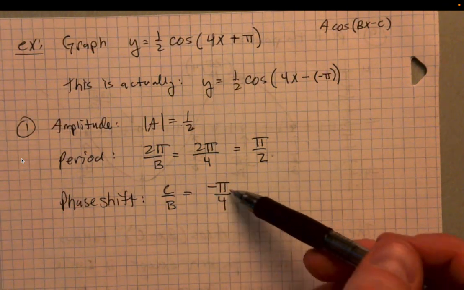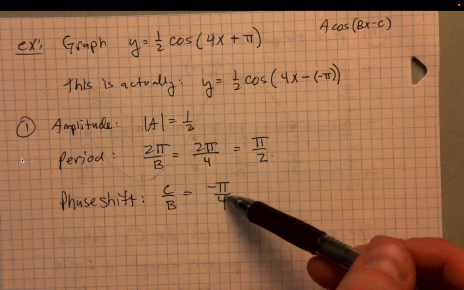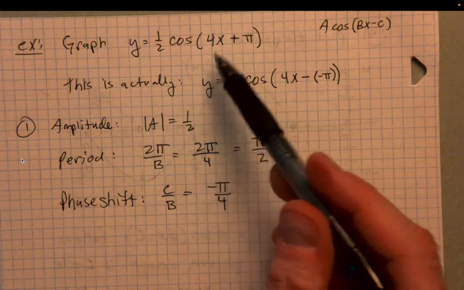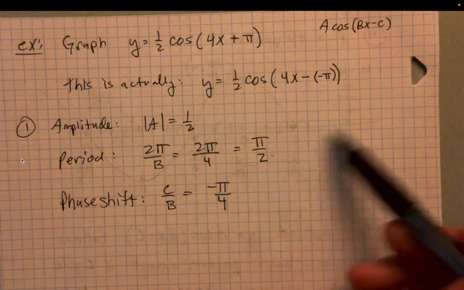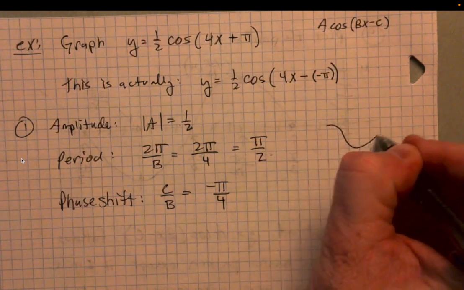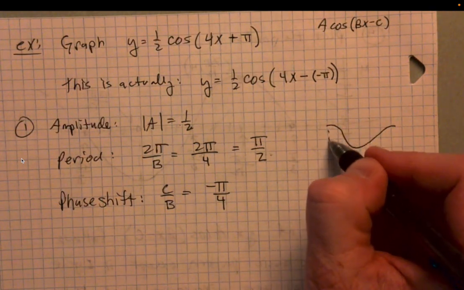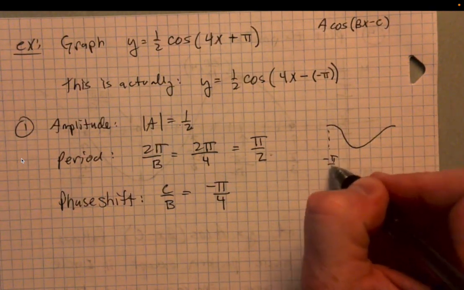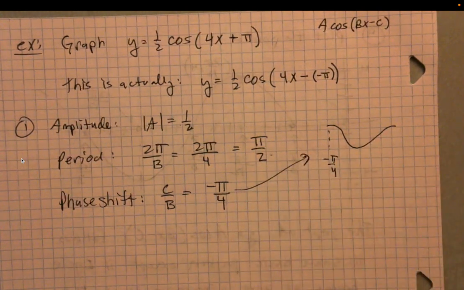So what that means is that at negative pi over 4, the function will be at the peak and headed down, right? Like the cosine looks like this. So this is negative pi over 4. It's just a nice hint about where to start plotting.